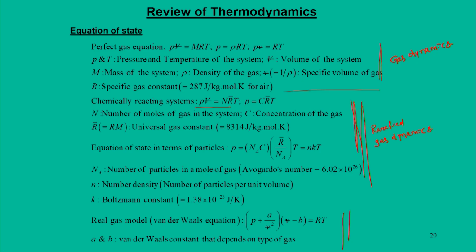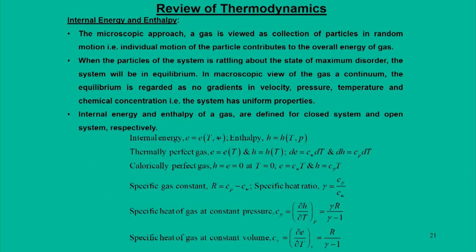Okay. So, the next review point is internal energy and enthalpy. The internal energy and enthalpy are vital parameters that drop in when we deal with the first law of thermodynamics.